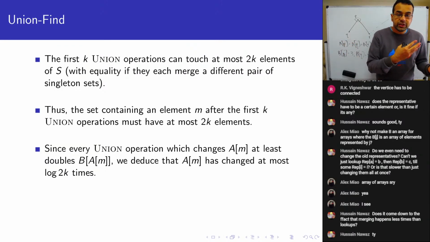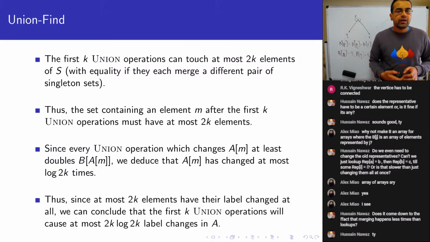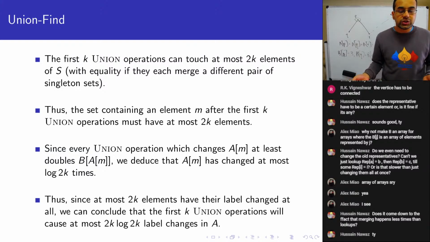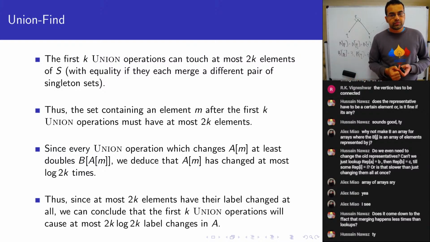That value was initially 1, it's now at most 2k, so it can have changed at most log base 2 of 2k many times. And therefore, repeating this for all the other 2k elements that have their label changed at all, we know that the first k union operations cause at most 2k times log base 2 of 2k many label changes in A. That is, changes in the label array A.